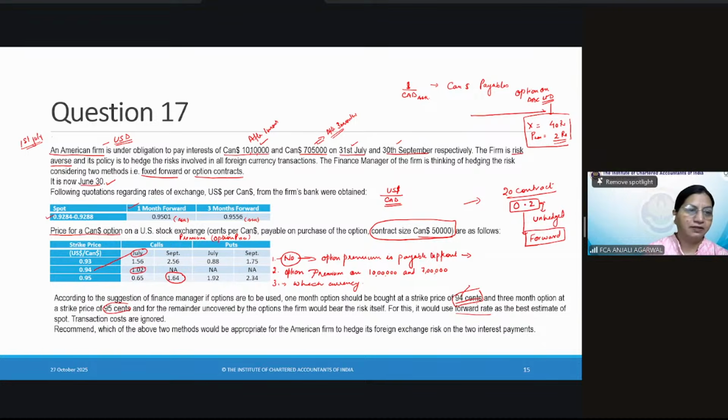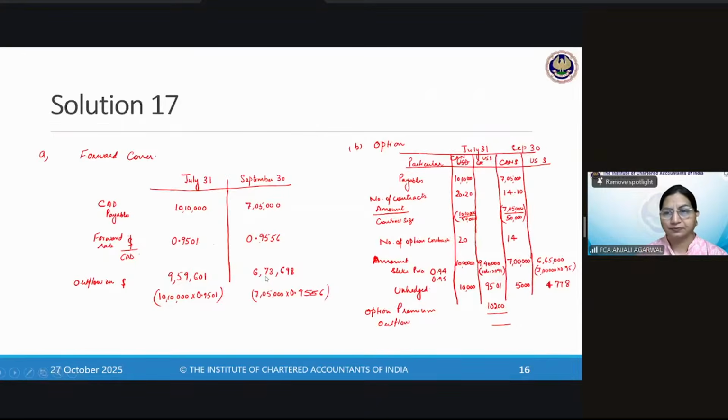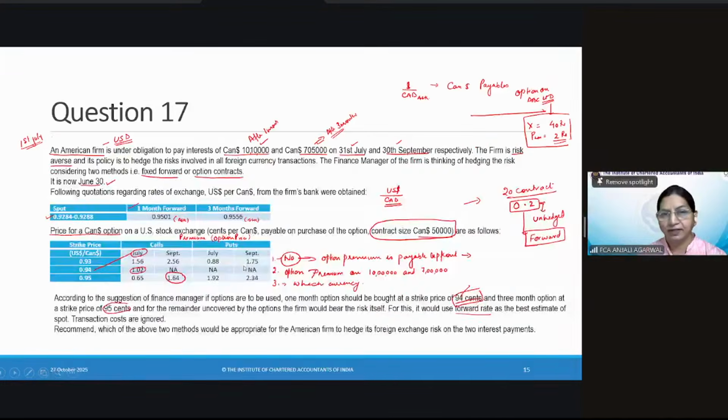So similarly, the option is on Canadian dollar. The strike price is 0.94 and the premium is 1.0. So both the things will be in terms of USD, right? So 10 lakh into 1.02 cents and similarly 7 lakh into 1.64 cents. So you'll divide by 100. $1 is 100 cents, $11,480.